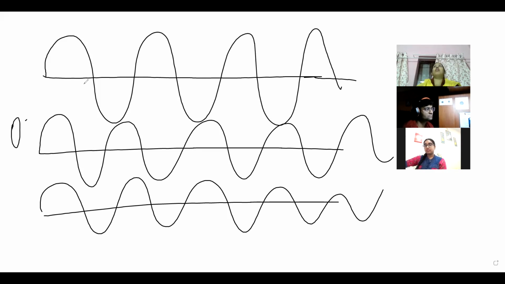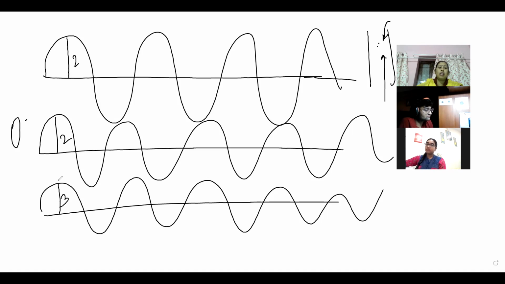See, suppose on a one-way road, all cars will travel very fast. But if the same lane, one-way road, has become two-way, then the speed of the car also decreases. Correct? Similarly, suppose this amplitude is 2, this is 2, this is 3. Now, these are all the same source. So, it is known as what?